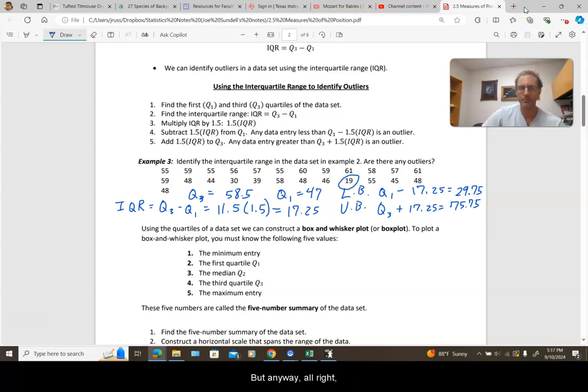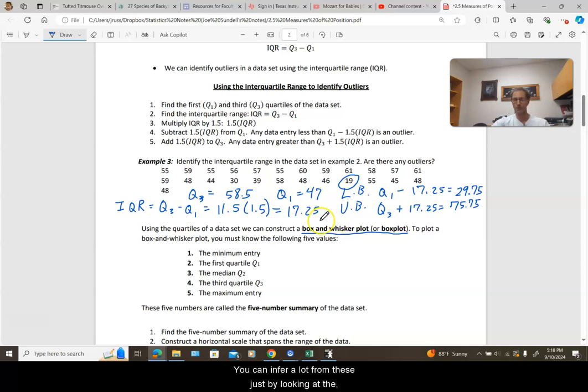All right, and there's something else we can do, knowing the quartiles. We can come up with what's called a box and whisker plot. And I think these are pretty neat. And guys, if you read any research papers, you'll see box and whisker plots of different distributions of data.